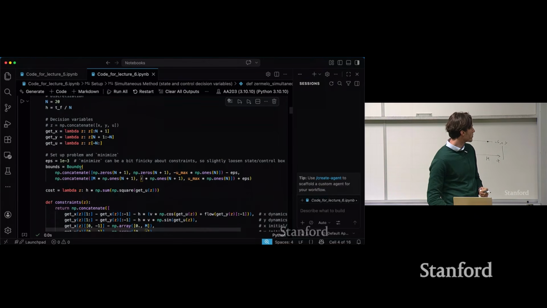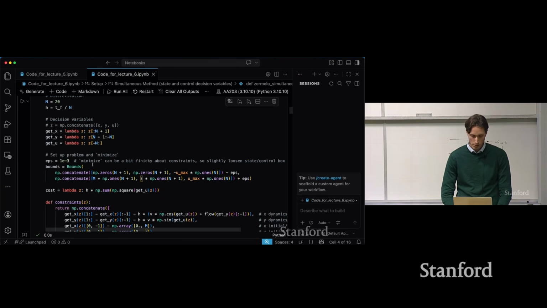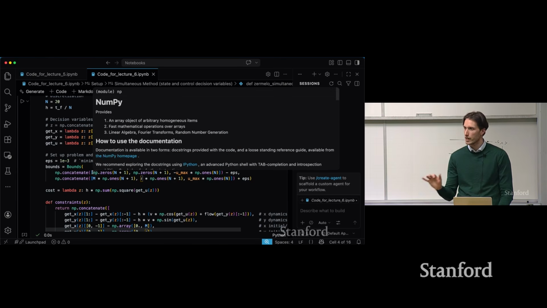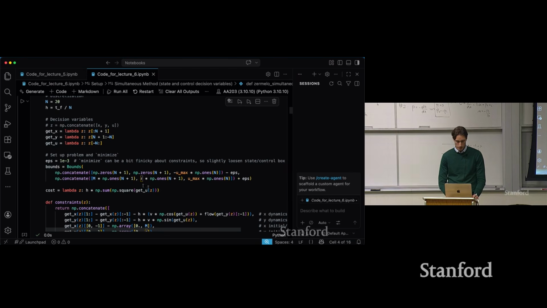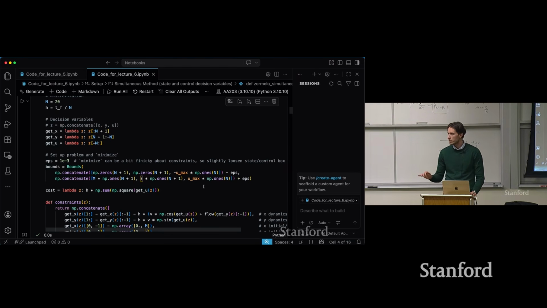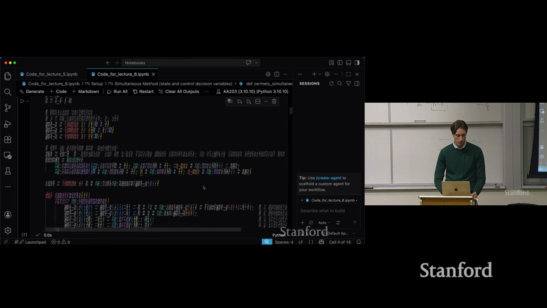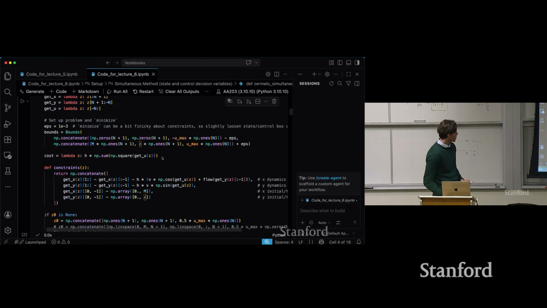Okay, and so first of all, we define our bounds for our variables. Specifically, the x's have to be between 0 and M, and our y's have to be between 0 and L. And for our controls, we are bounded between negative umax and umax. Right? We define our cost function as the sum of the squares of our u variables multiplied by h according to our discretization.